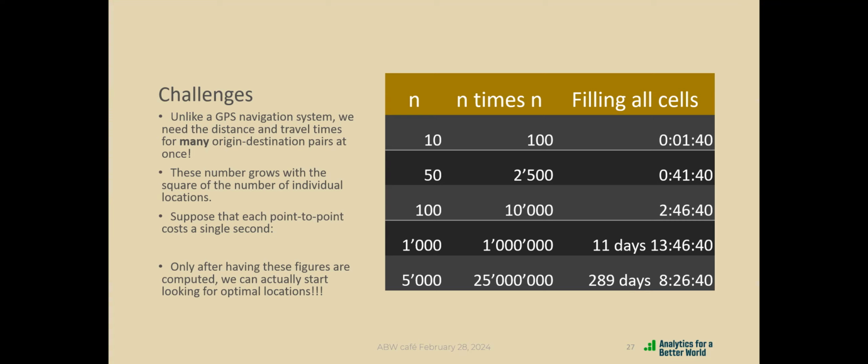And if I normalize my algorithm of Dijkstra as taking 1 second, and well, it takes less, but every normalization is good, taking 1 second for every query, if I would only have Dijkstra to my disposal, then suppose that I have 5,000 nodes that I'm interested to relate to 5,000 nodes, it will take about 1 year to find only those distances or those travel times or whatever it is. So this is probably not good enough.